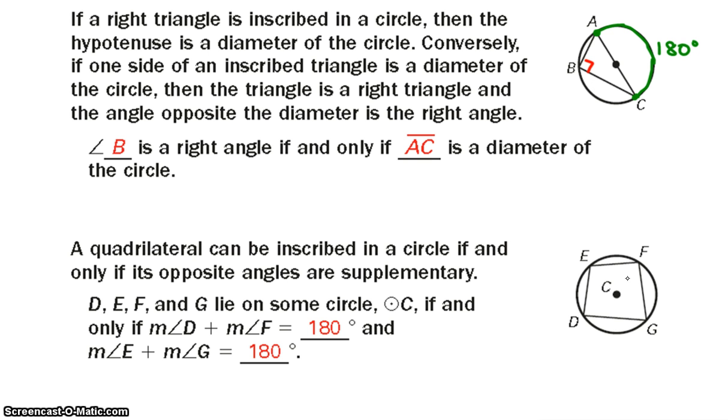Now that being said, we can take a look over here at this inscribed quadrilateral. Now, if I take a look at just 2 portions, let's say angle E and angle G. Angle G is an inscribed angle that makes the arc DEF.